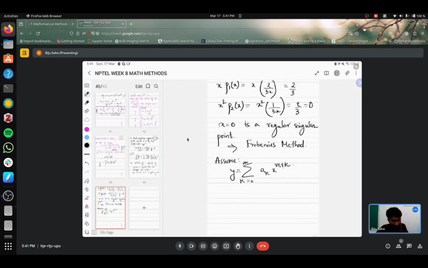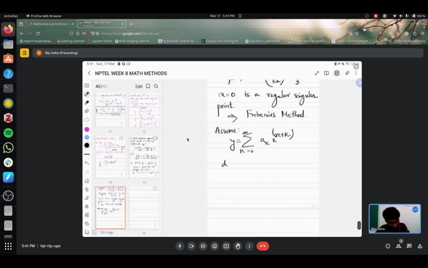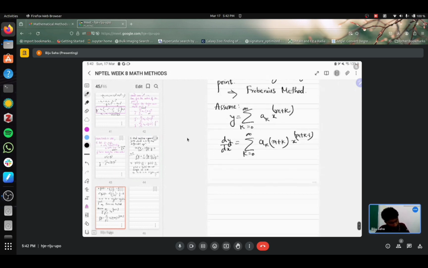So ak into x to the power m plus k. From here we can obtain the first order derivative of y, which will be equal to this. Now the second order derivative can also be found out.